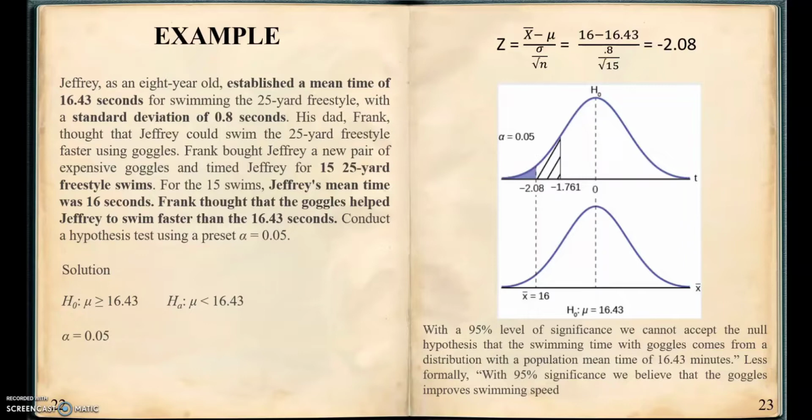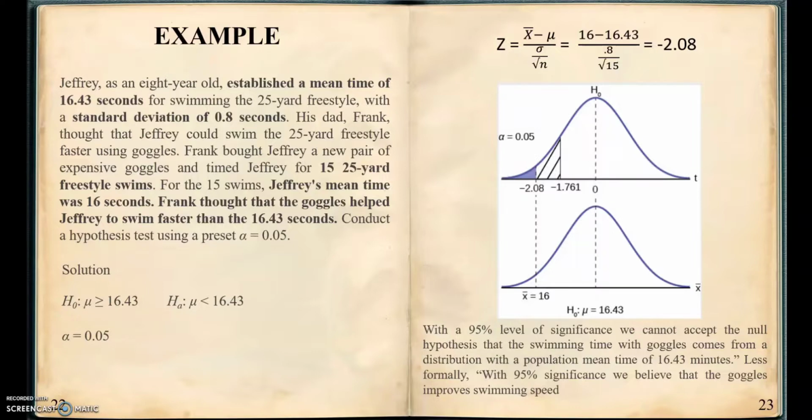The degrees of freedom are n-1, or 14. Looking up 14 degrees of freedom at the 0.05 column of the t-table, we find 1.761. This is the critical value, and we can put this on our graph.